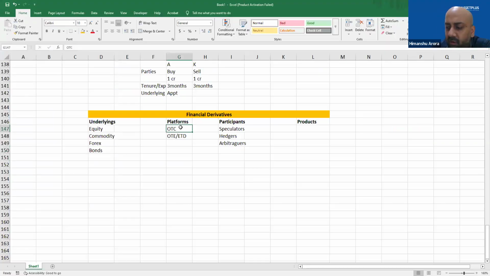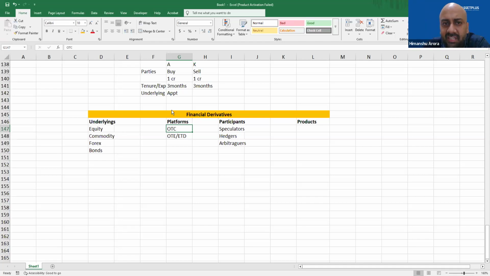There are two kinds of platforms on which derivative contracts are traded. One, think about your real estate transaction that we were talking about. That's an over-the-counter transaction. What's an over-the-counter transaction? When two parties enter into a contract over the counter with the help of a broker or directly, but certainly without the involvement of a formal exchange.